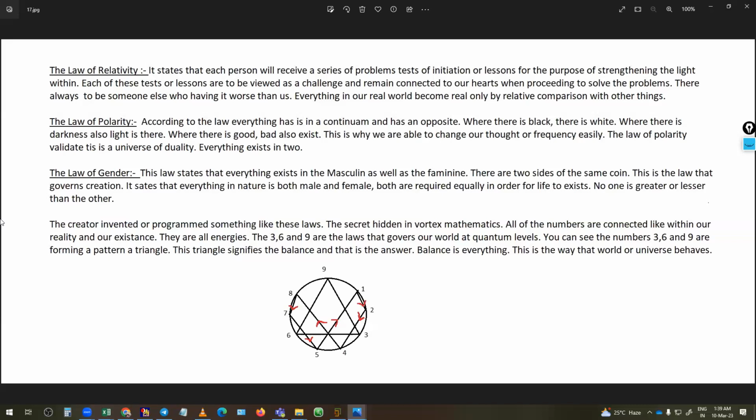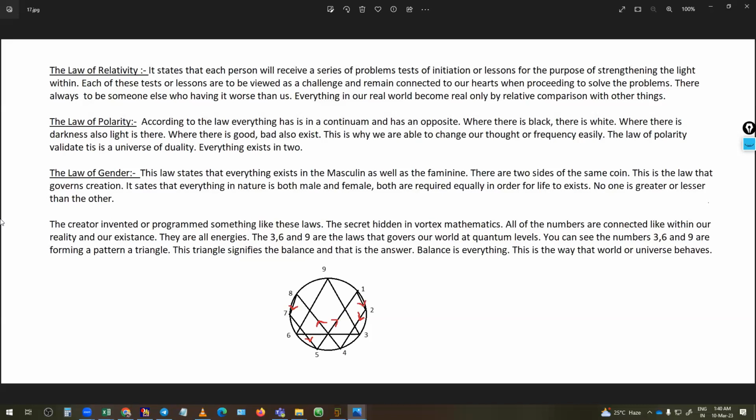The law of polarity. According to the law, everything is in a continuum and has an opposite. Where there is black, there is white. Where there is darkness, there is light. Where there is good, there is also bad.